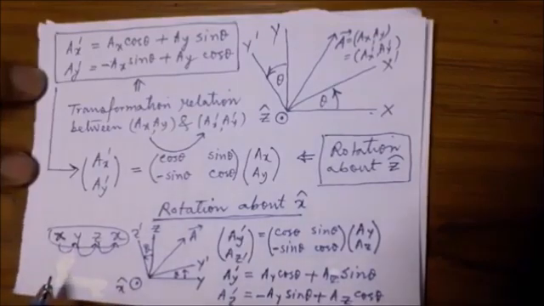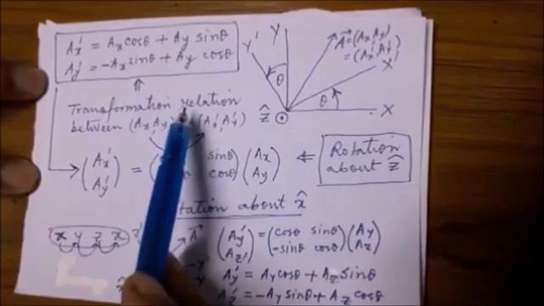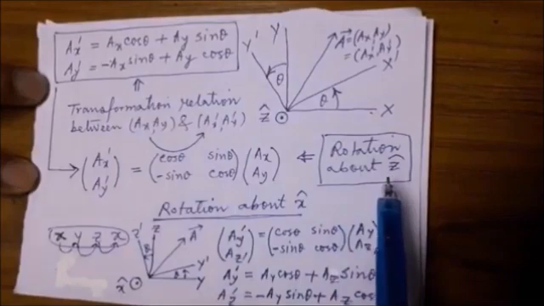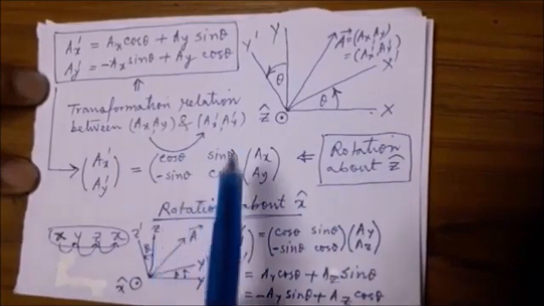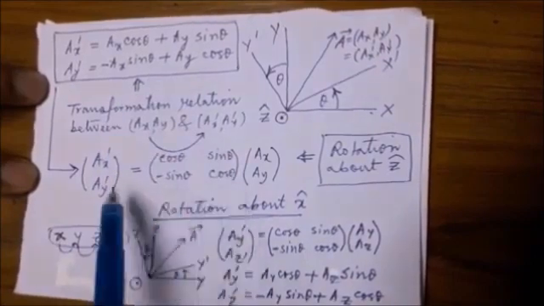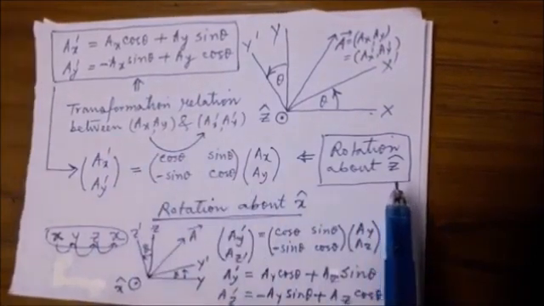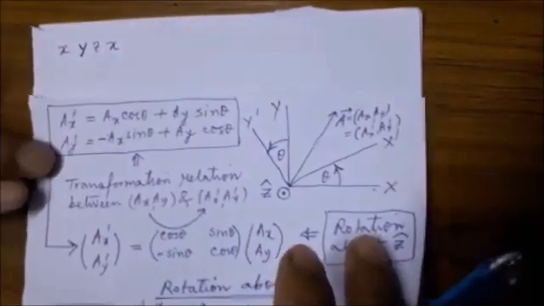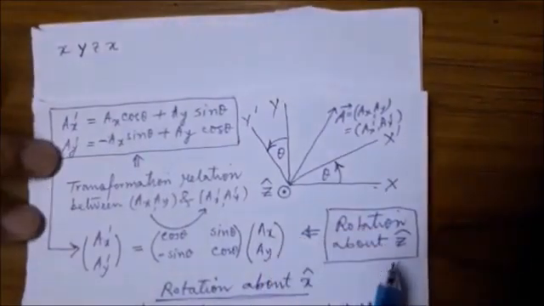Let us similarly try to find the transformation relation with respect to rotation about y-axis, and we will start from the result which we obtained with respect to rotation about z-axis. We note the sequence x, y, z, and then x. Now it was rotation about z axis.